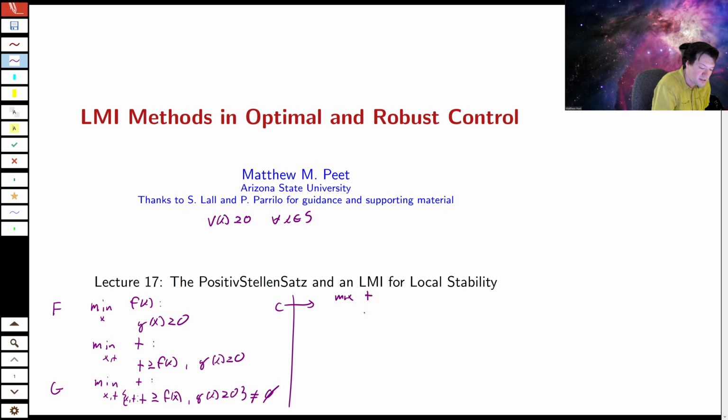So max t such that t is less than or equal to f of x for all x such that g of x is greater than or equal to 0. Let's rewrite it a little bit: f of x minus t is greater than or equal to 0.